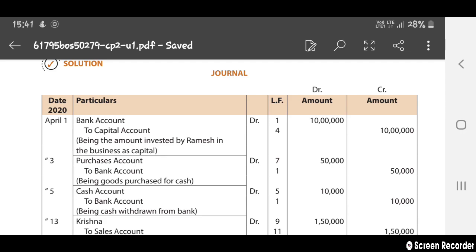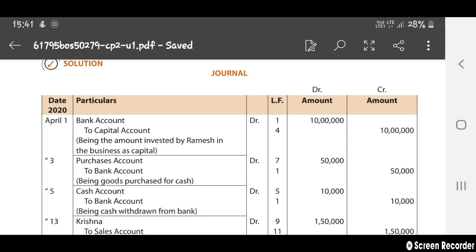Bank account is debited rupees 10 lakh, and capital account is credited rupees 10 lakh. He has invested 10 lakh for his business. That was our 1st April journal.